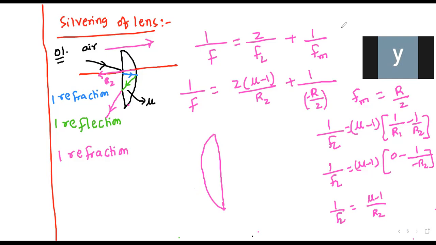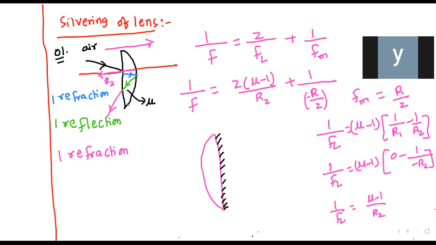Now, for this plane surface, it is silvered. That means it is coated, and you cannot see through it, the back side of the mirror will have cardboard.